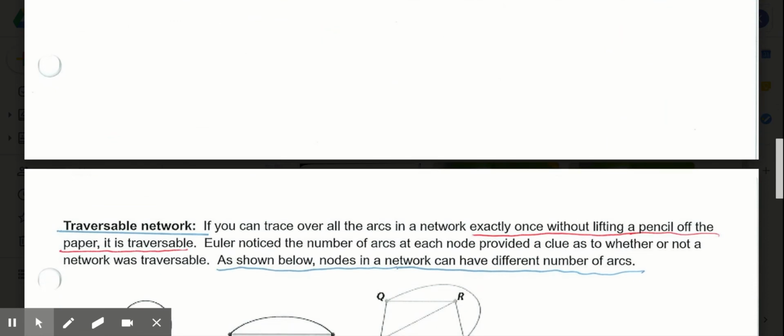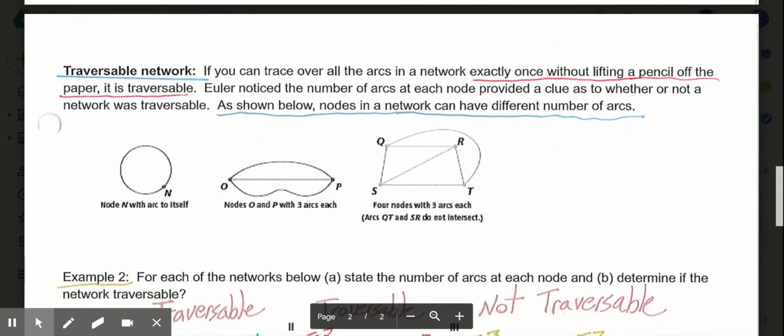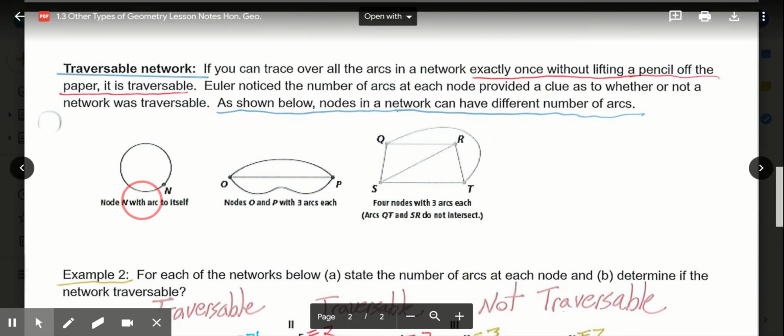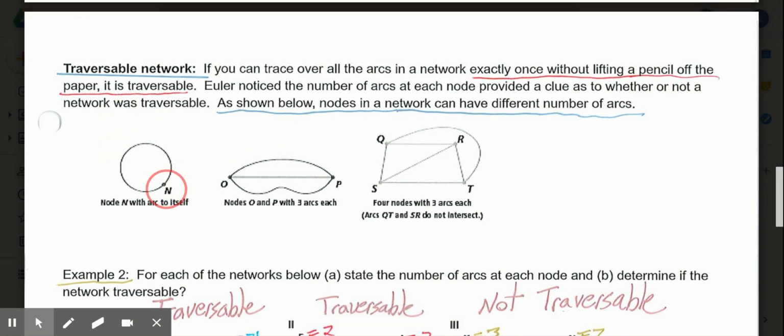So let's look at that. What they mean by that would be right here. One node connecting back to itself could look like a circle, or a weird shape, a squiggly, whatever, as long as it ends back where it began.